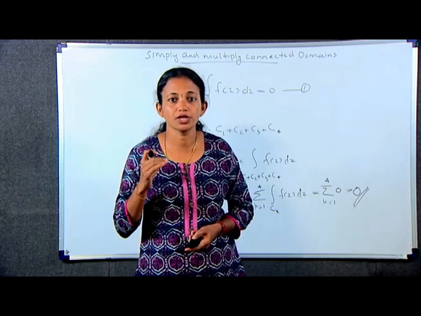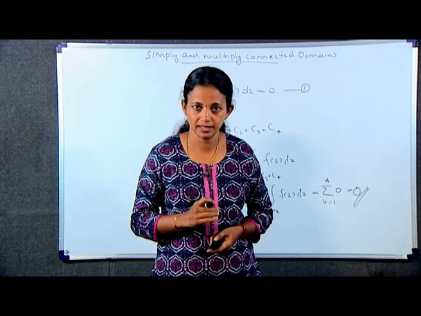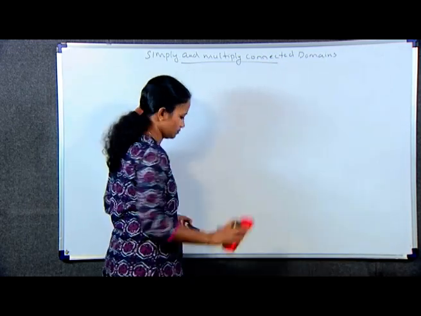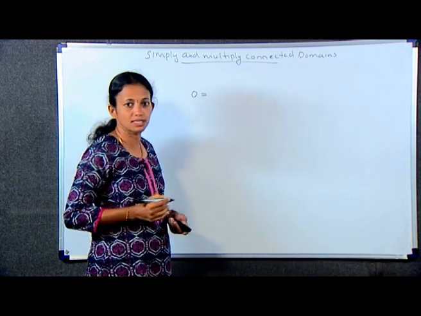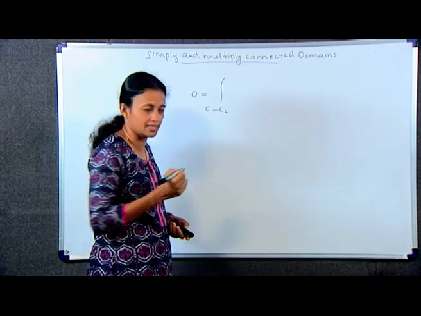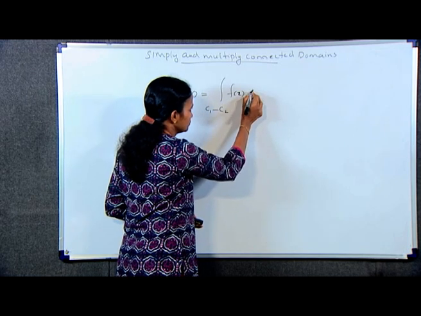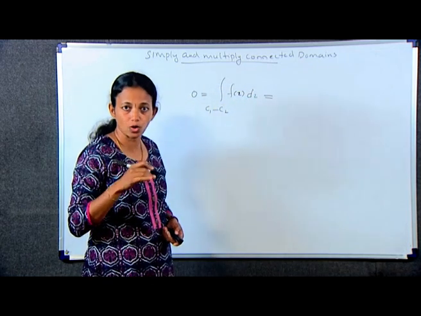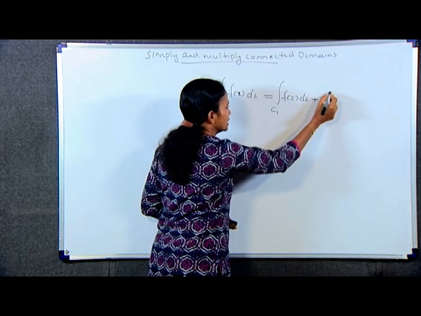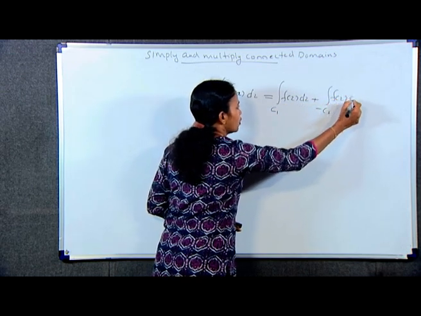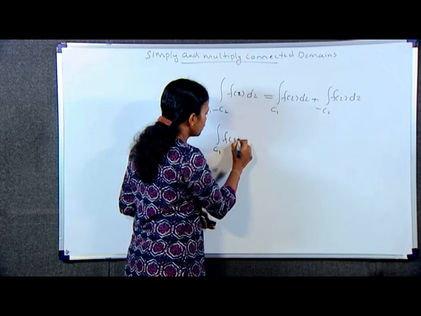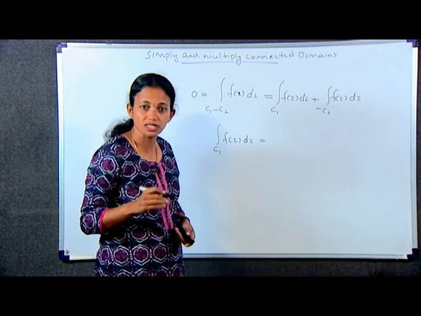Then, by our Cauchy-Goursat theorem, when f is analytic in D, we have 0 is equal to the integral over C1 minus C2 of f(z) dz, which is equal to the integral over C1 of f(z) dz plus the integral over minus C2 of f(z) dz, or we can say the integral over C1 of f(z) dz is equal to the integral over C2 of f(z) dz.